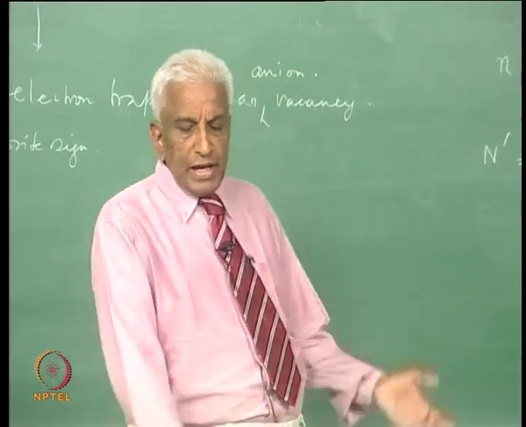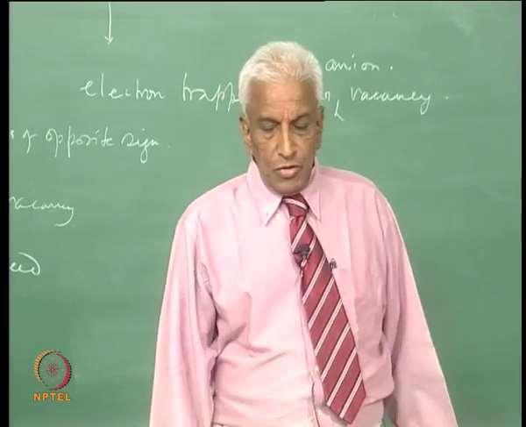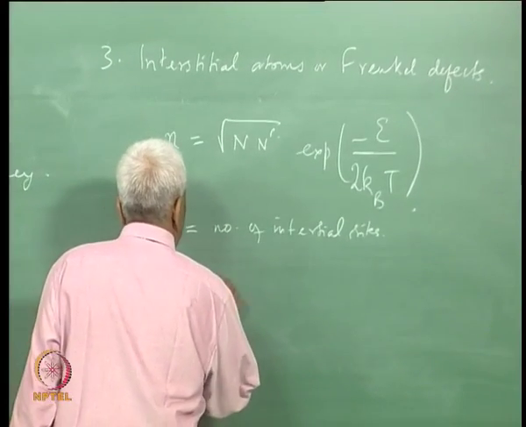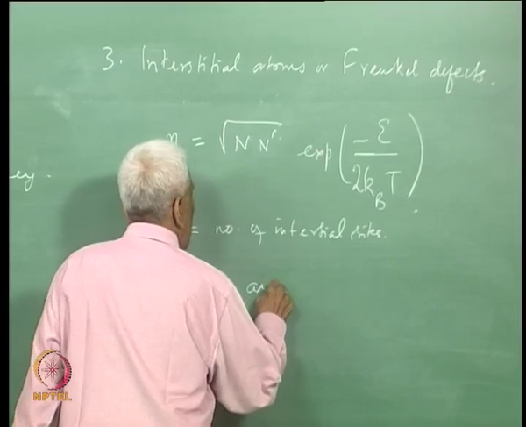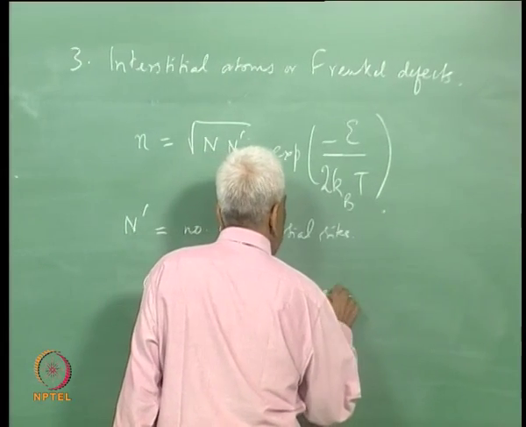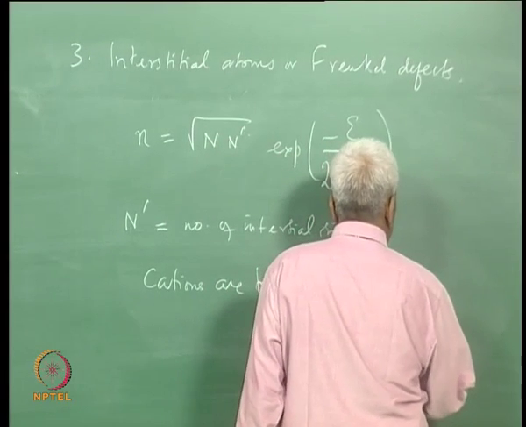So, usually in ionic crystals cations are much smaller. So, usually it is the cations that are transferred into interstitial sites.